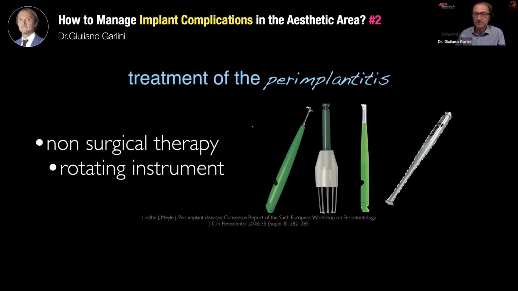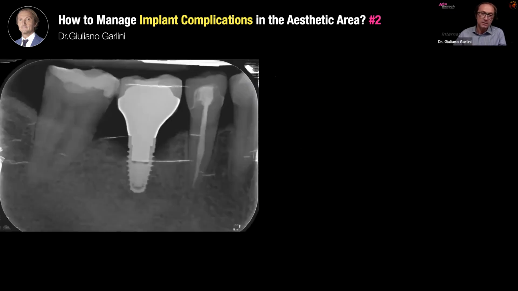the implant itself. So let me show you one very simple case where I treated the perimplantitis with a non-surgical approach, only with rotating instruments, without raising a flap, with the instrument that I showed you just before, and decontaminating the surface, eliminating all the biofilm.